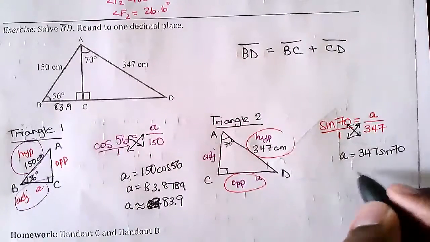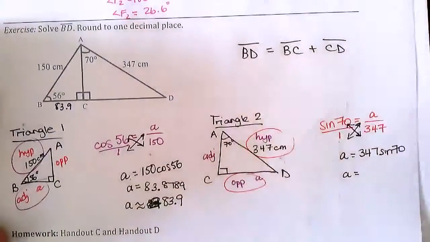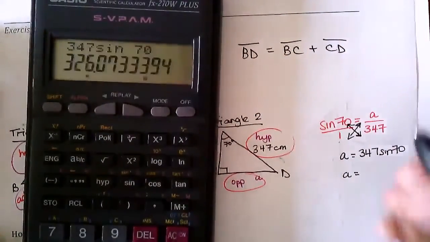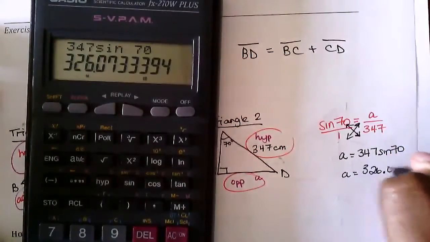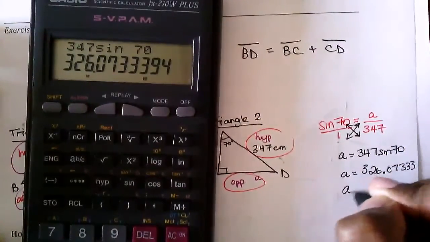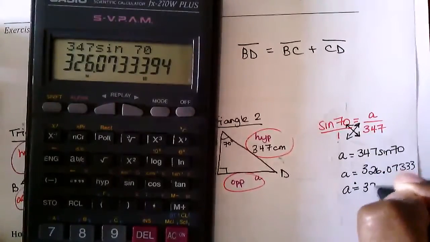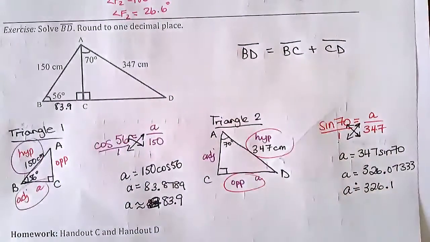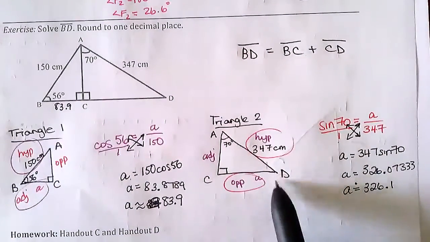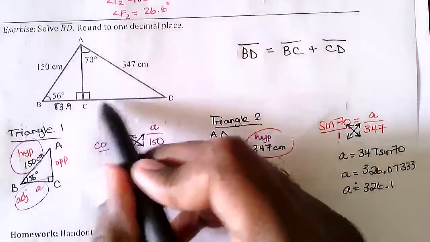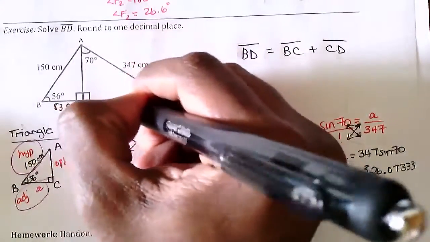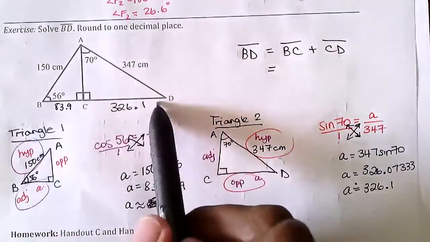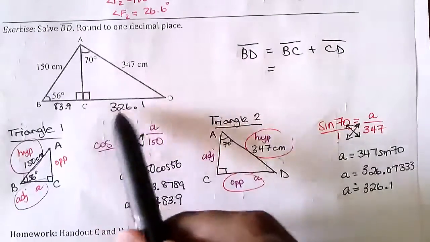Again, I've isolated for my A here, so all I have to do is plug it into my calculator. So 347 sine 70 is 326.07333, and I wanted, again, just one decimal place, so 326.1. Now, I know my A here is 326.1, which means this is 326.1.